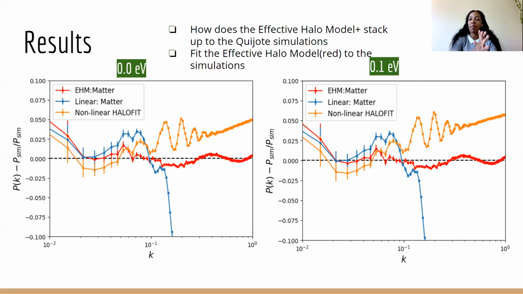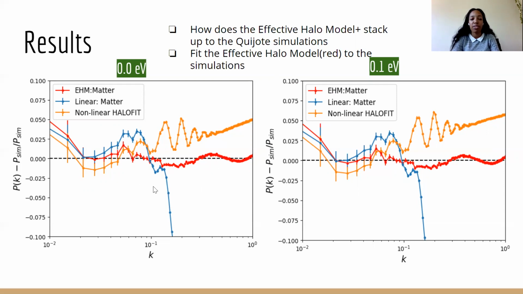So the effective halo model, we stacked it up with the Quixote simulations and saw how they compare to each other. First I'll discuss these graphs, and then I'll go into the code that I used to create them. On these plots, you can see a red graph, an orange graph, and a blue graph. The red graph represents the effective halo model.